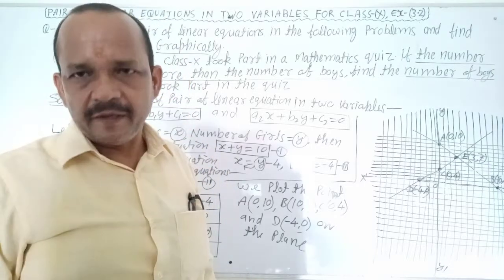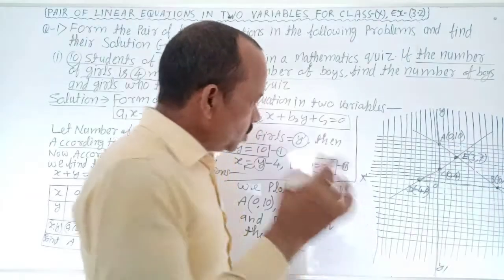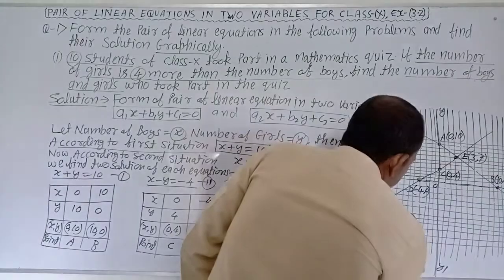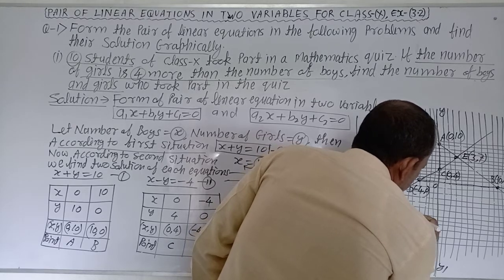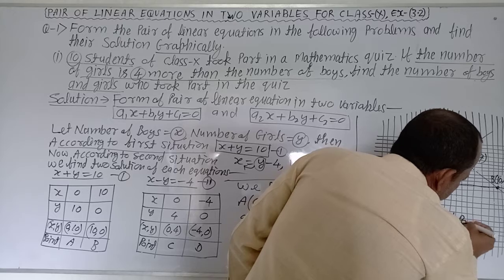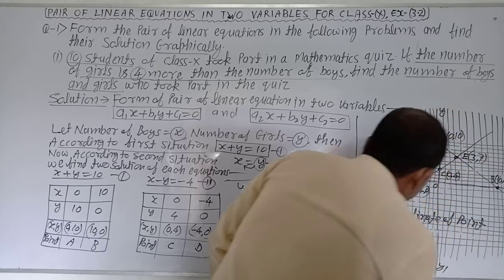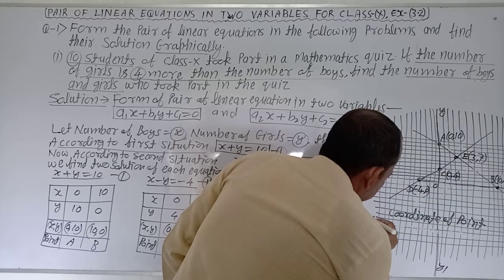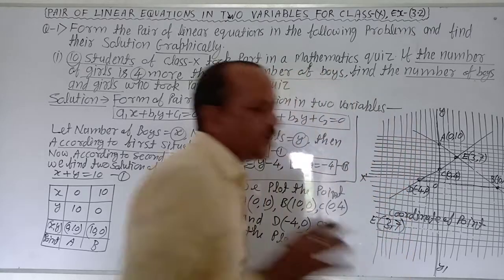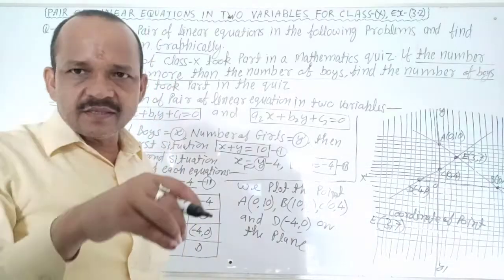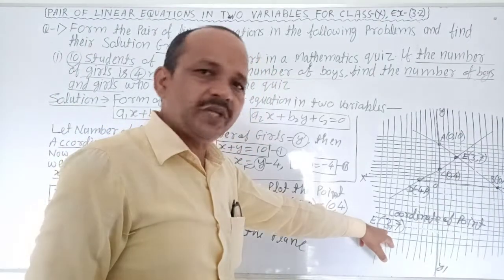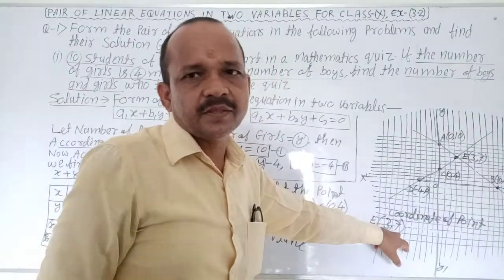Coordinate of point E is 3 and 7. Hence the number of boys is 3 and the number of girls is 7.